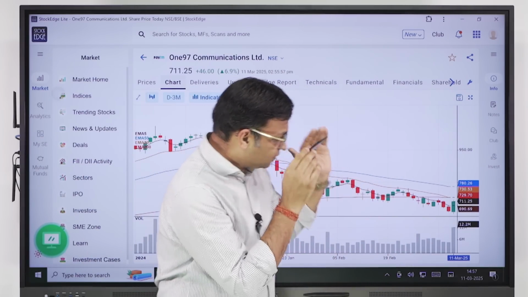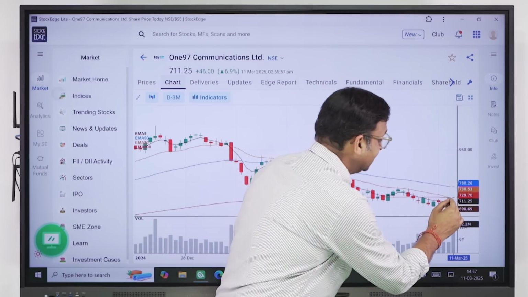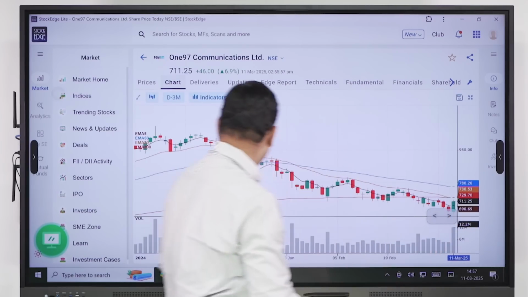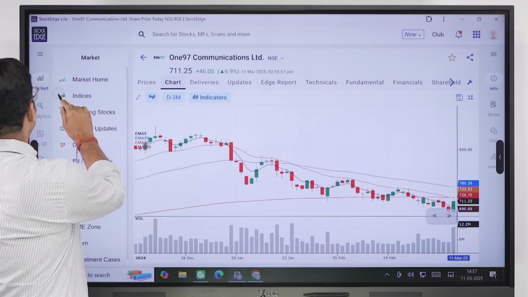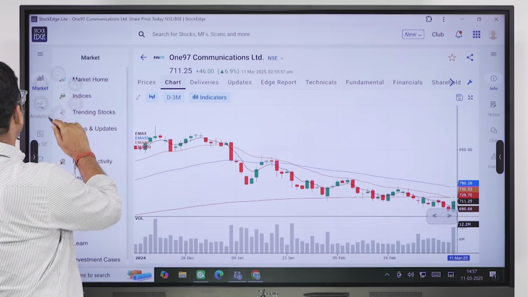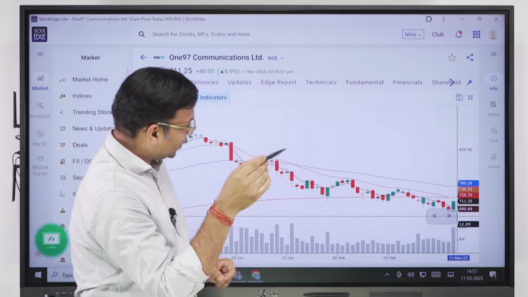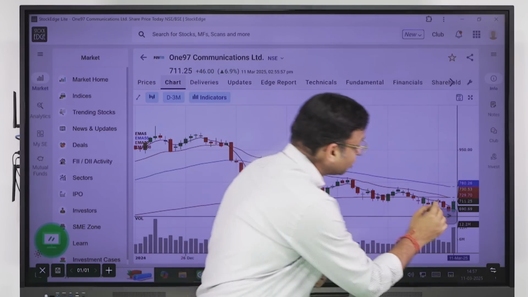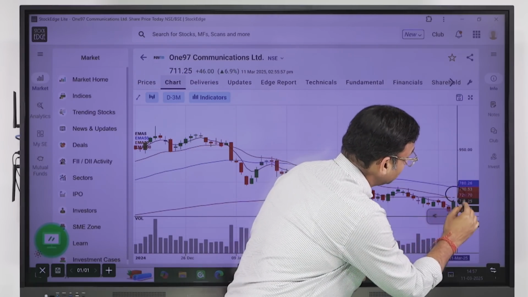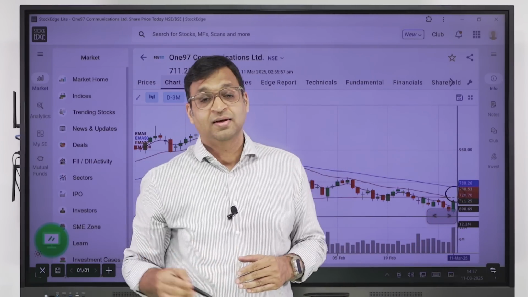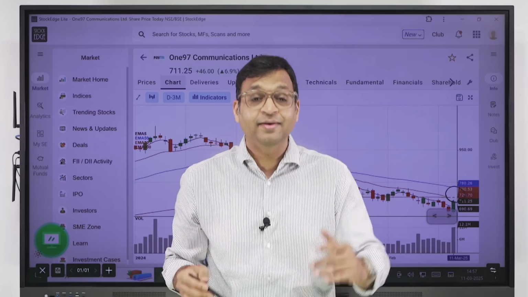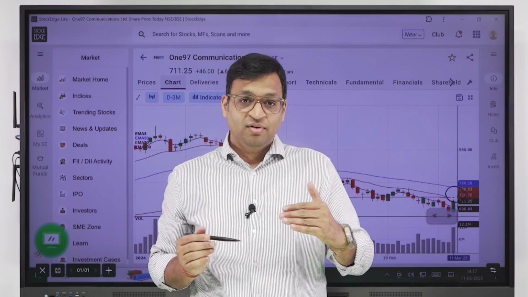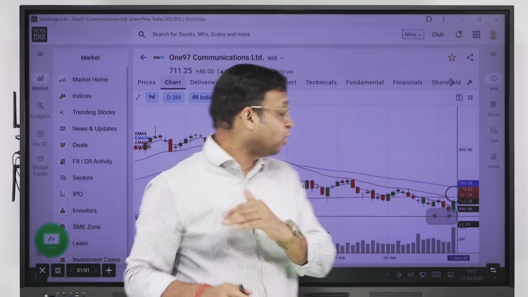This is saying that if the stock crosses this zone, okay, let's introduce a marker here so that we understand this properly. All right. So the point is, if the stock crosses this zone, 730 plus, then I would not mind buying this stock for a medium to long horizon. Why?